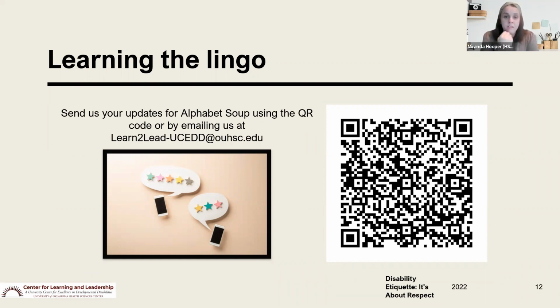It will send it directly to us, or you can email us directly at learn2lead, and when I say the word 2, it's the number 2. Learn2lead UCEDD at ouhsc.edu.